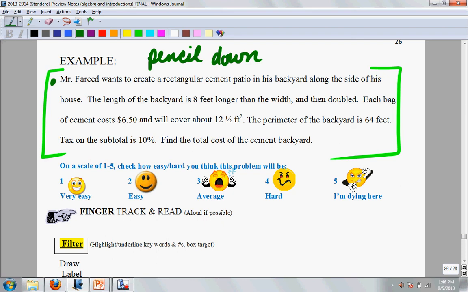The length of the backyard is 8 feet longer than the width, and then doubled. Each bag of cement costs $6.50 and will cover 12.5 feet squared. The perimeter of the backyard is 64 feet. The tax on the subtotal is 10%. Find the total cost of the cement background.